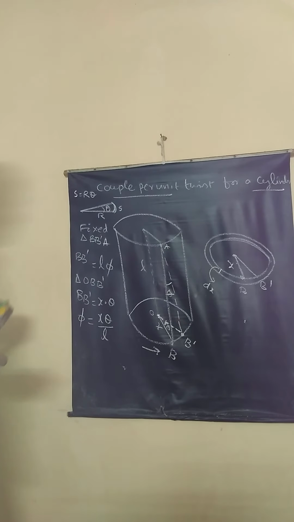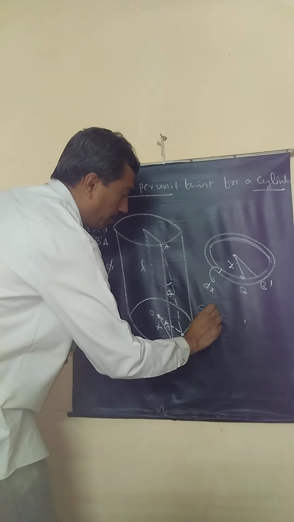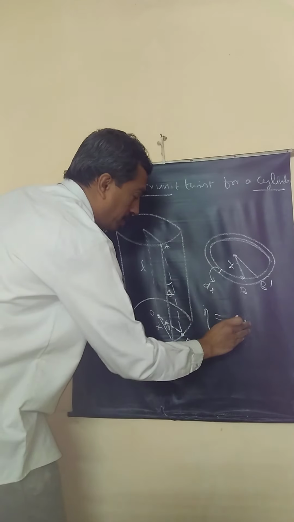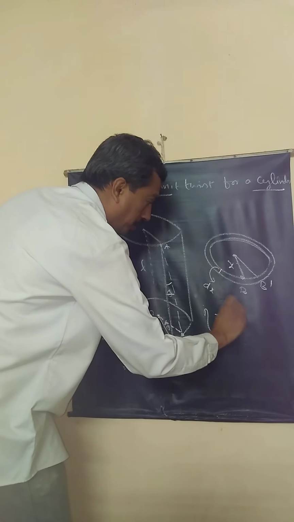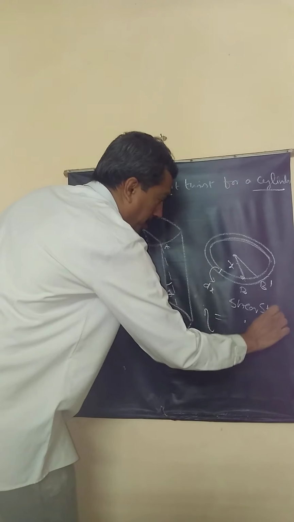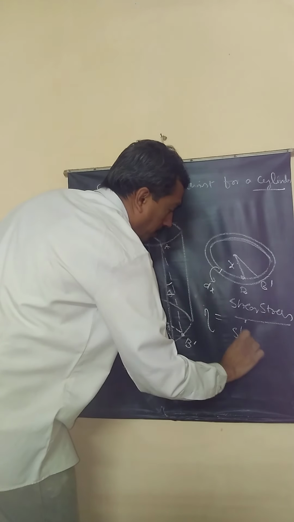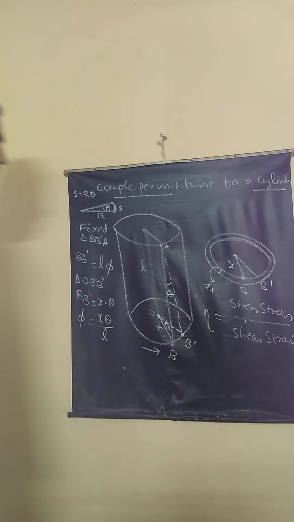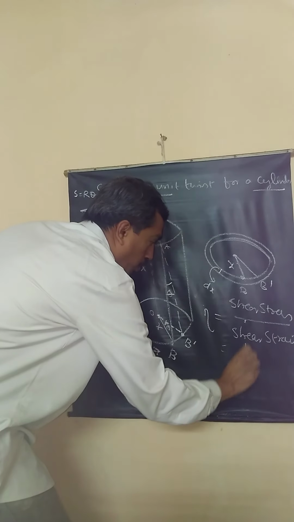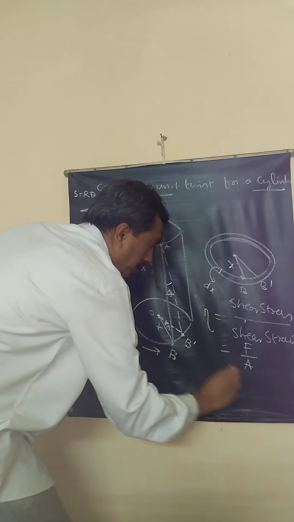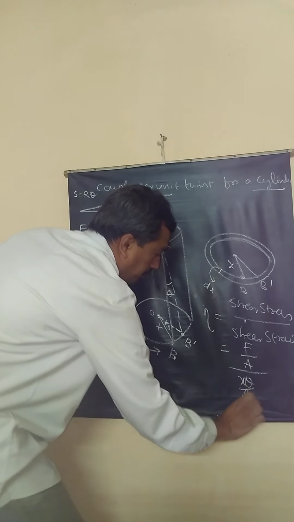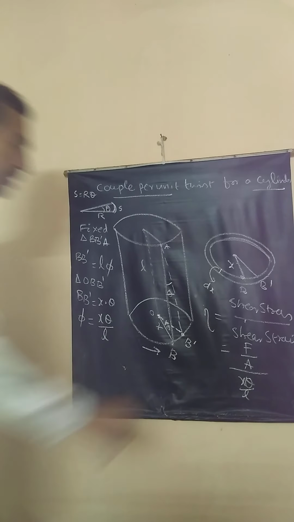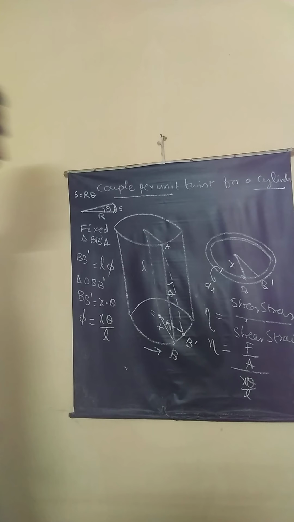So now I will write the expression for shear stress. We know rigidity modulus is equal to shear stress by shear strain. Now let the shear stress be force by area. Shear strain is this, x theta by L. Okay. Now the rest is simplification.